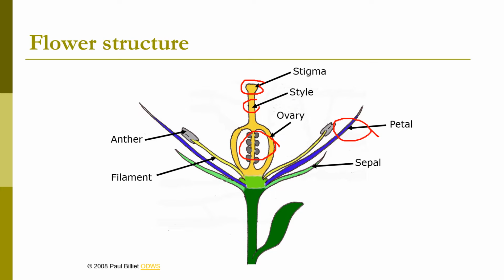We have also the petal, the sepal, the anther, and the filament. Anther and filament are basically the male part of the flower. Again, the female part of a flower are the stigma, style, and ovary, while the male part of the flower are the anther and filament.